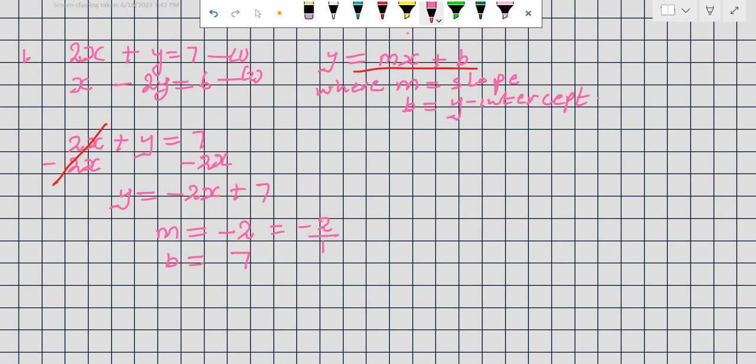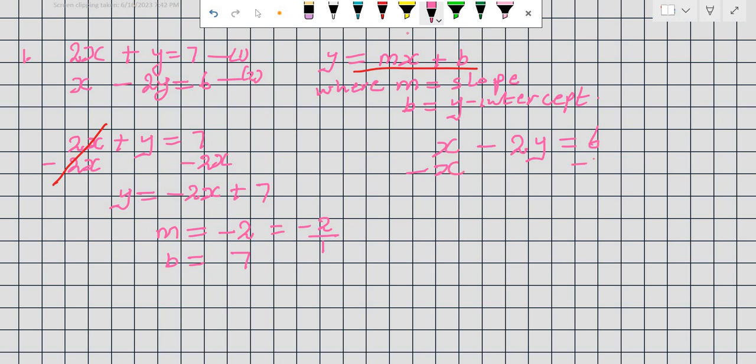Now, let's also make the second equation the slope-intercept form. So we have x minus 2y equals 6. And the first thing we're going to do is to subtract x from both sides.